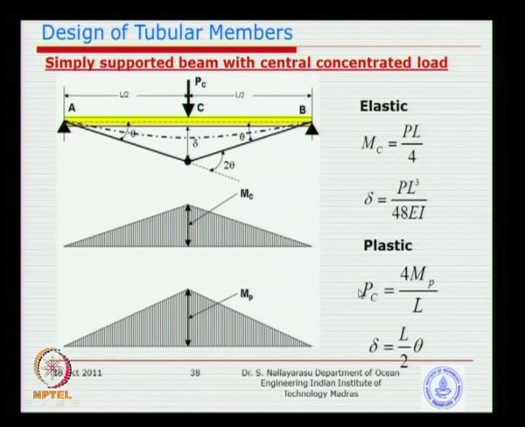That is the idea: you have a cross section which is capable of taking MP, and the load at which the beam will fail, because the supports are simply supported, is 4 MP by L. Now, this is just by inspection that we have been looking at this. Can we derive this by basic principle?